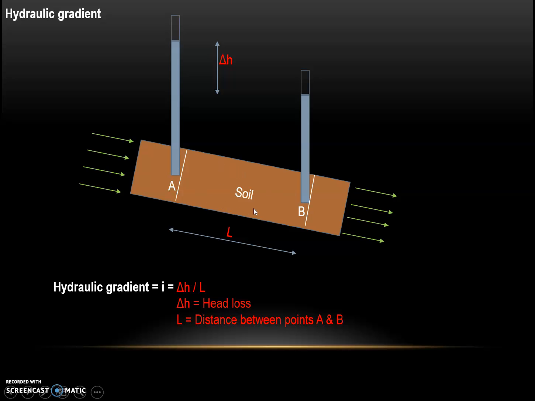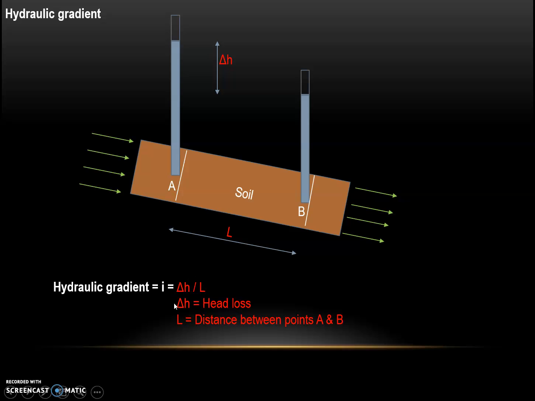So here again a soil sample is shown and we have considered two sections, that is A and B. The head at point A is HA and head at point B is HB. And by the time water flows from A to B, there will be head loss, that is delta H. That delta H is HA, that is H1, minus HB, that is H2.